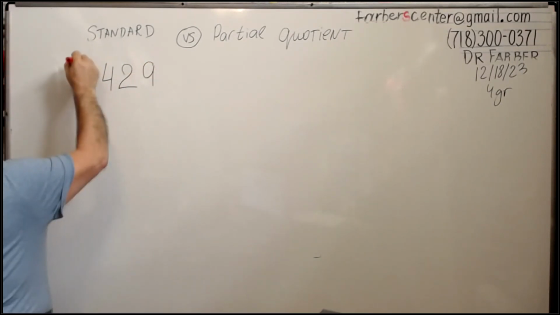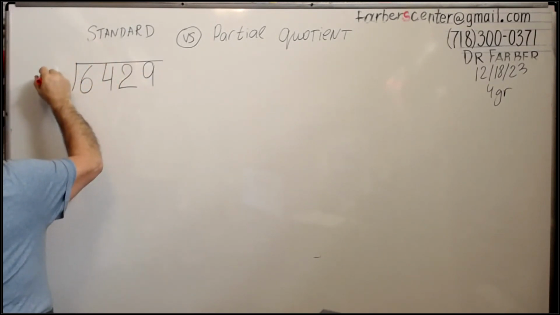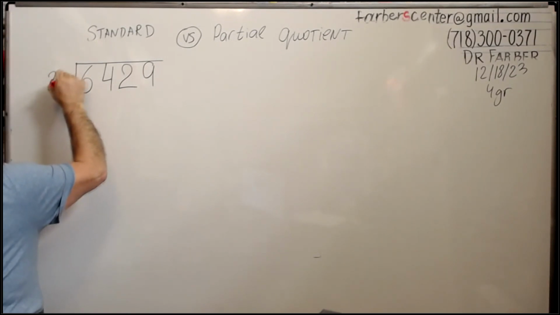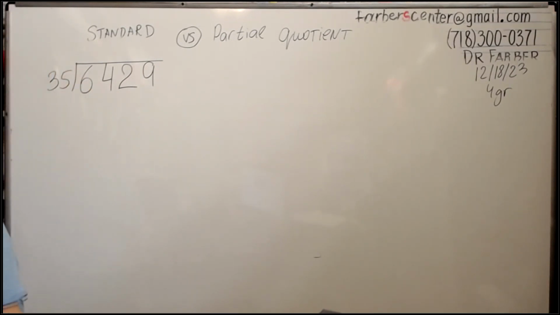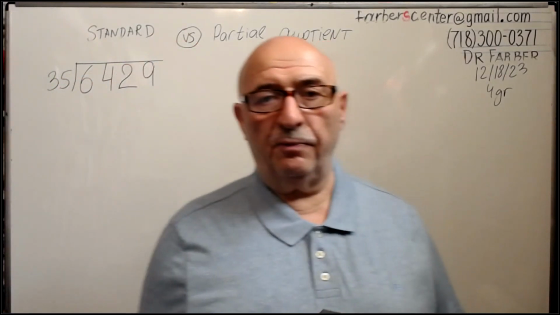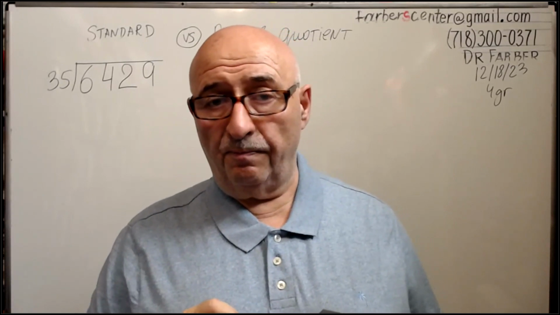I want to divide this by 20 or 35, let's say. So first of all, I use the standard way, standard method. So be careful, ask me at any stage any questions if you have.